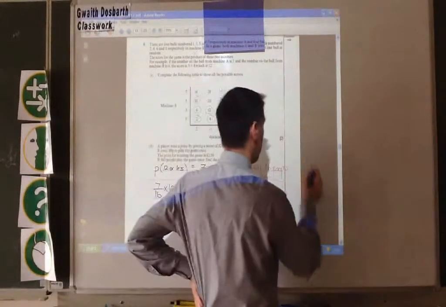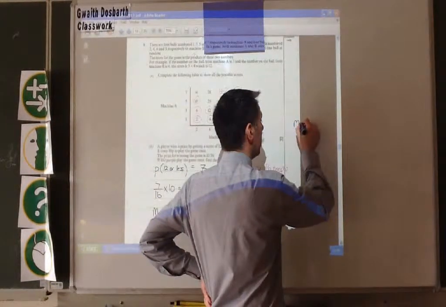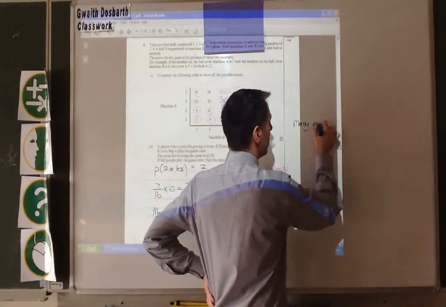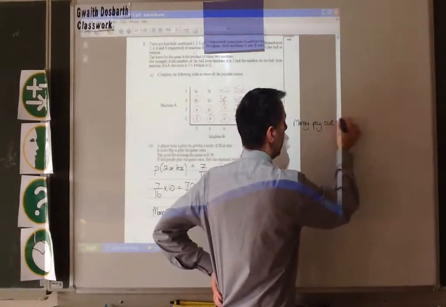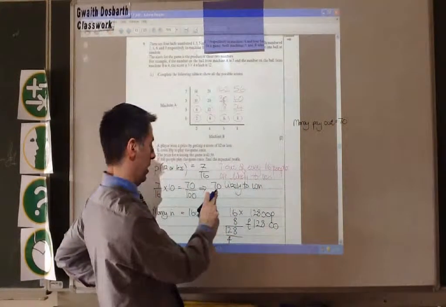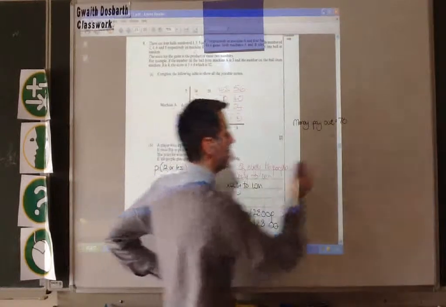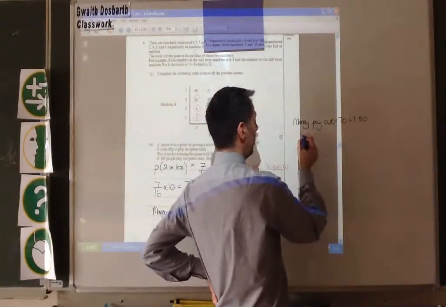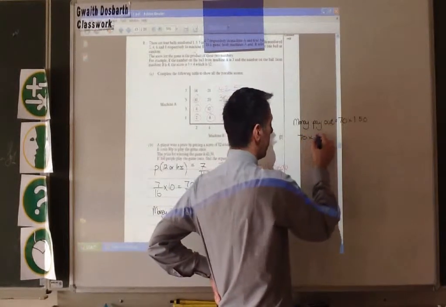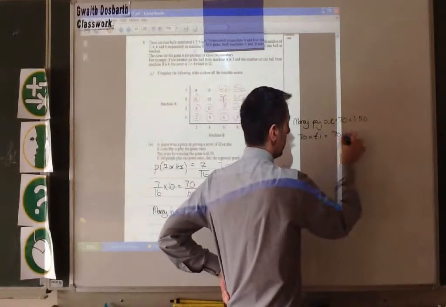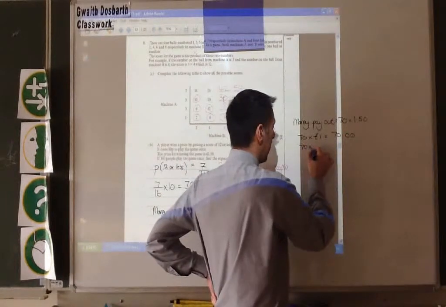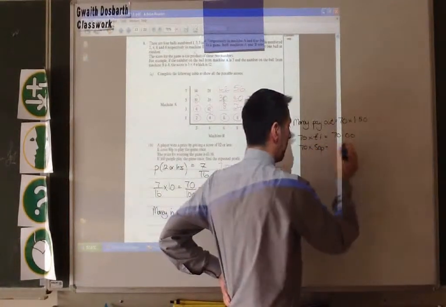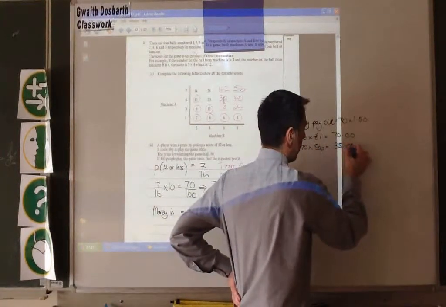Now I've got to work out how much money I'm likely to pay out. And that is 70, because we said 70 people are likely to win, times by £1.50. An easy way of working that is to say 70 times by £1 is £70, and 70 times by 50p is half of £70, which is £35.